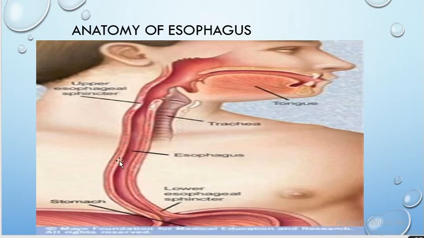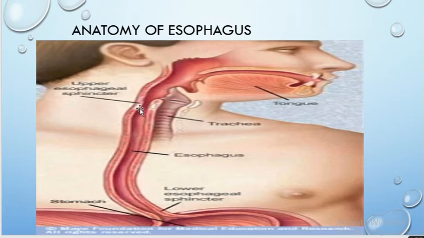As you can see in the picture, the esophagus starts from the pharynx. This is the pharynx, and this is the esophagus. The junction between the pharynx and the esophagus we call the upper esophageal sphincter. That sphincter is the connection between the pharynx and your esophagus. So this is a major connection between these 2 parts.